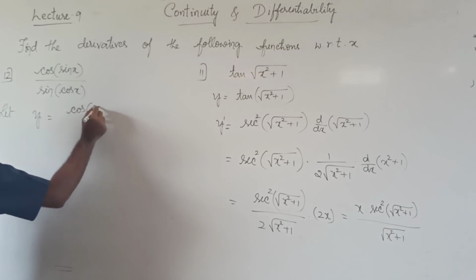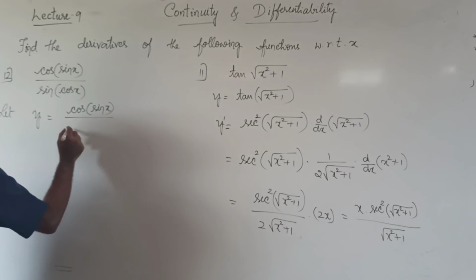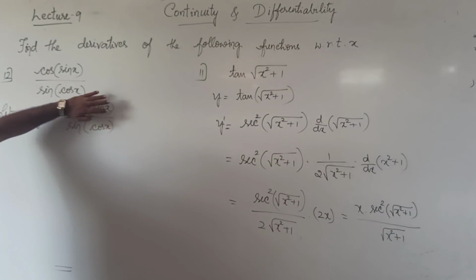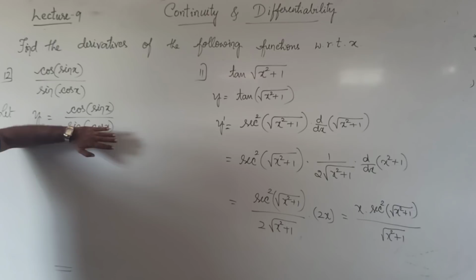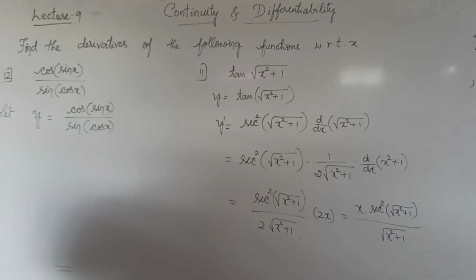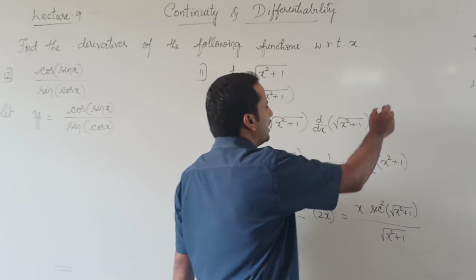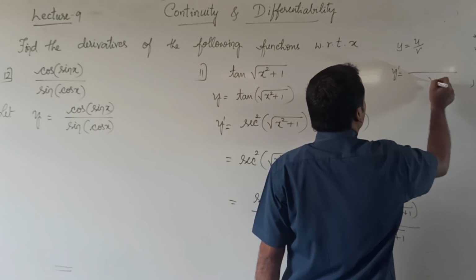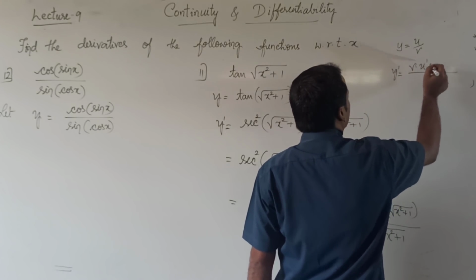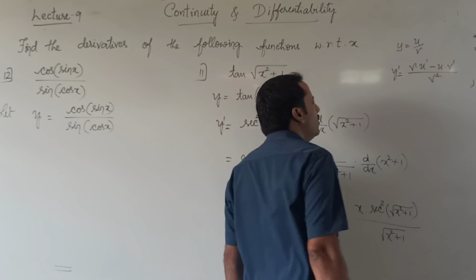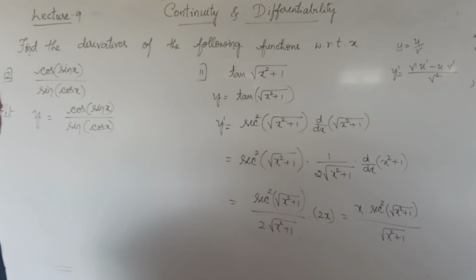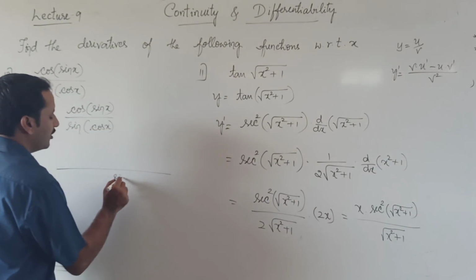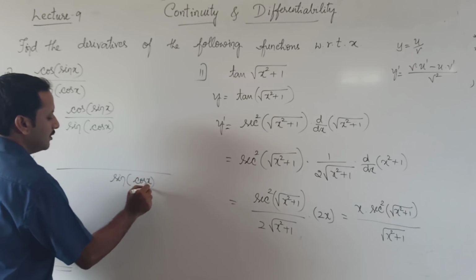As always, I will treat this as y. Y is equal to cos sin x divided by sin cos x. Now this looks like u divided by v. So we have to use the quotient rule. What does the quotient rule say? Suppose y is equal to u by v, then y dash is equal to, in the denominator v square, in the numerator v into u dash minus u into v dash. This is the formula we have. So let me use that formula here. In the denominator, the square of sin cos x, whole square.